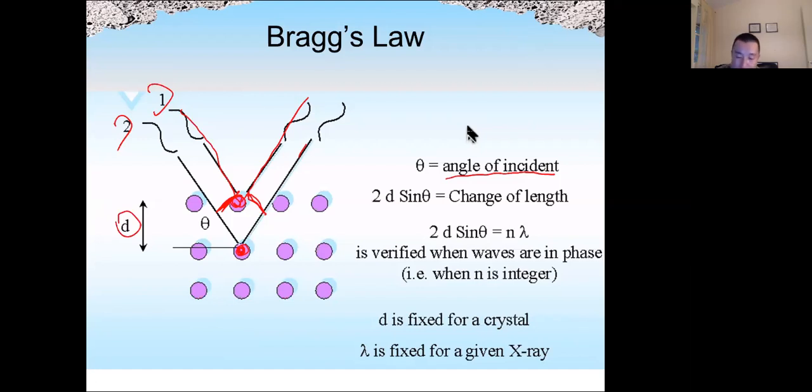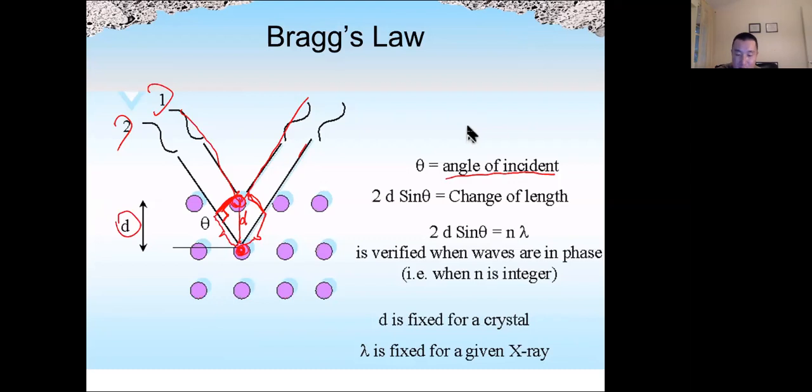How much longer? It is this path plus this path. Okay, and this is 90 degrees, so this is a right-angle triangle. This side is d.